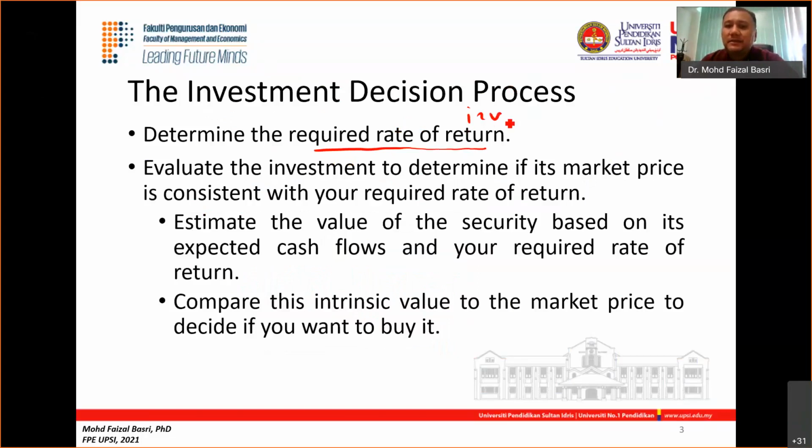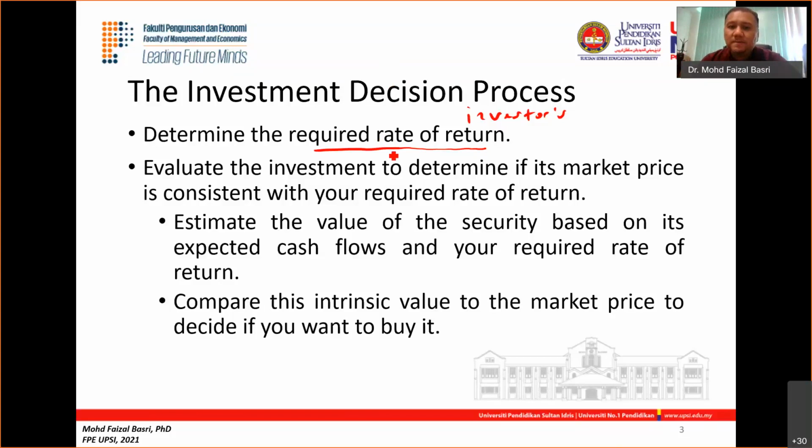As an investor, everyone might have a different required rate of return depending on the individual. Some might have a low, medium, or even high target. By determining this rate of return, we can evaluate which investment will be suitable for the investors, in ensuring that it meets this required rate of return.